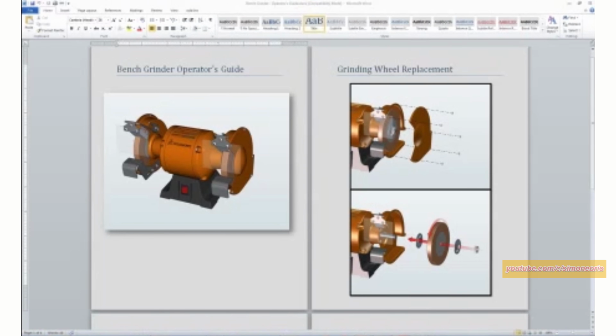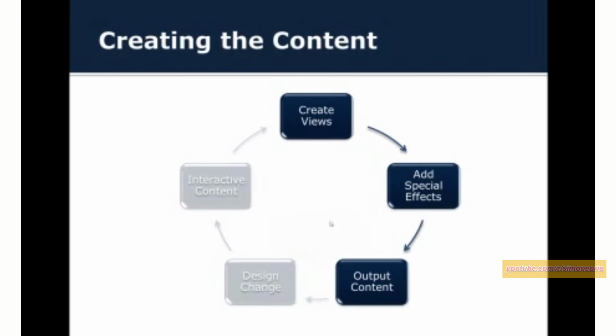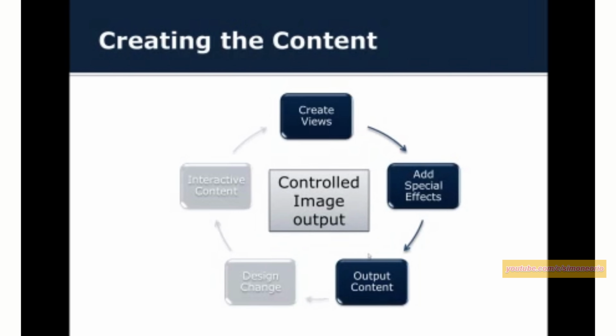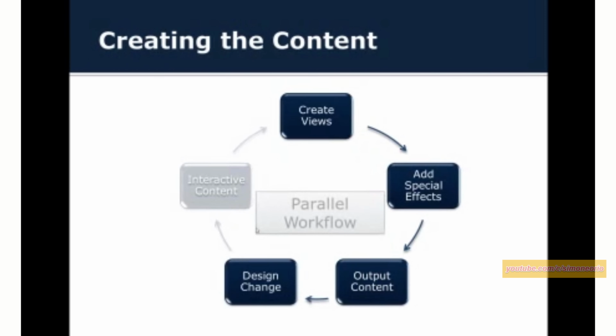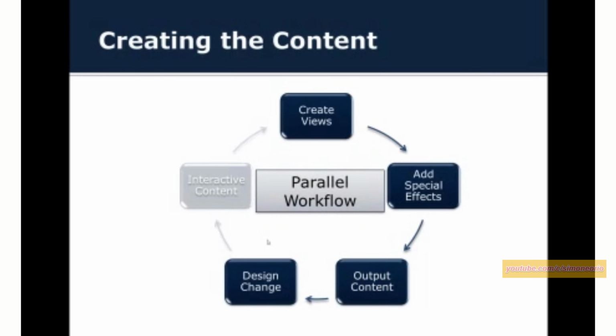Let's take a quick look here at where we're at. So that's the output. You can see that we can control the output of the images. We can control the aspect ratios. We can control when and where those get replaced and updated. We've already talked about design changes. You can see that we can work in parallel.